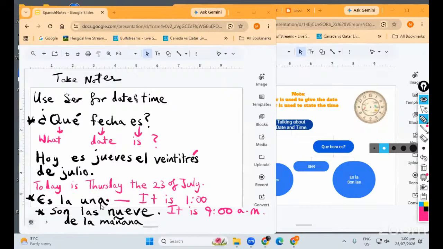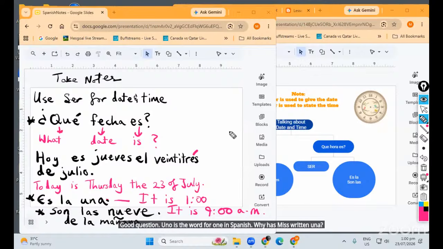Good question. Uno is the word for one in Spanish. Why has Miss written una? Because it has to agree with hora, la hora, for the hour.